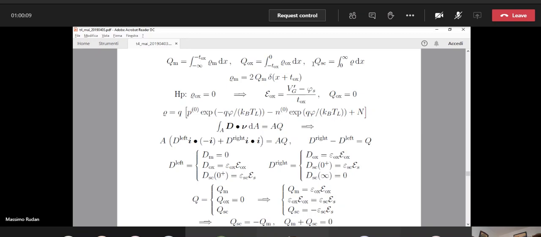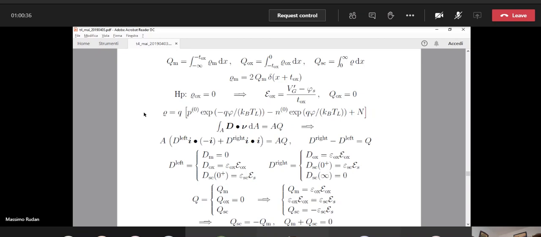Instead, the charge in the semiconductor, well, we are in the equilibrium condition. As usual, we make the assumption that the semiconductor is non-degenerate, so we can use the exponential expressions for the concentrations, and that we are in the complete ionization condition, okay?